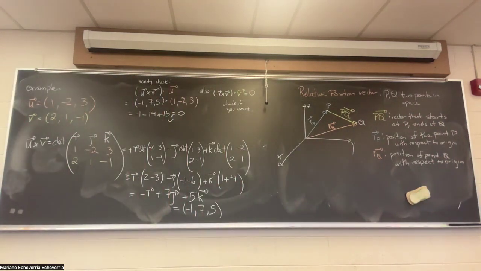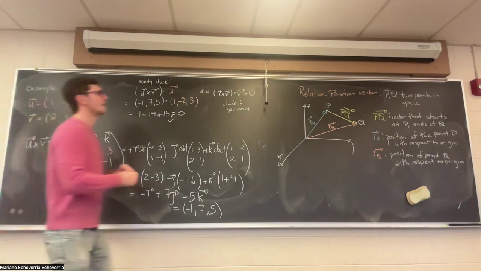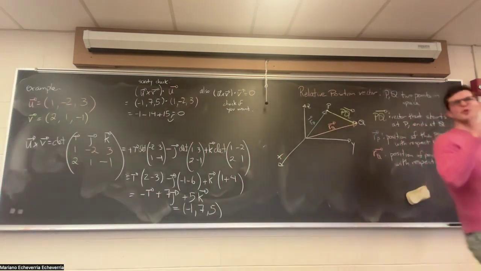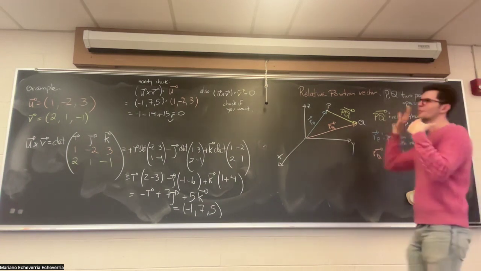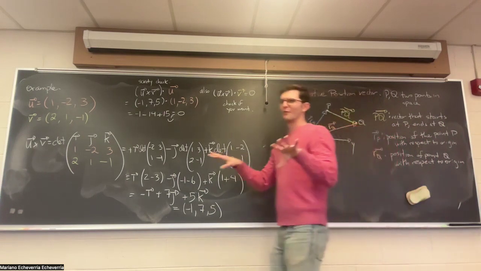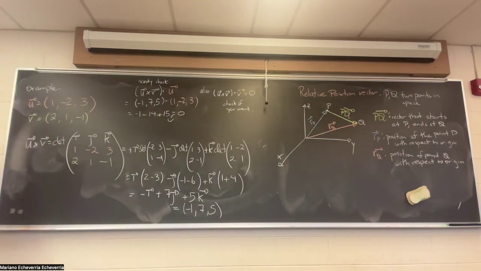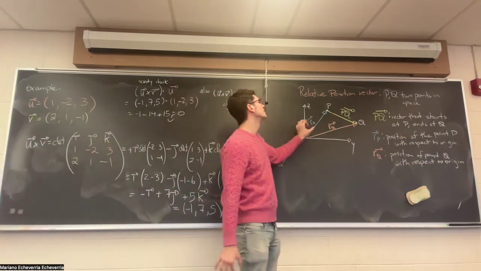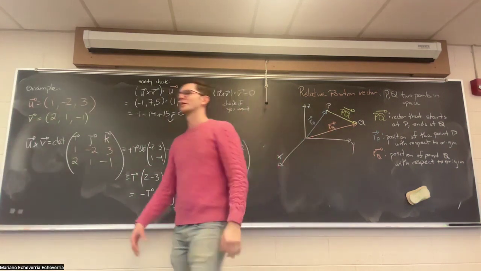Wait, in this case, you said that RP is just the vector form of P? Right, it's the vector form of P. I'm just trying to put a little more emphasis on the difference between the point and the vector. In practice it's indistinguishable because of what I have said before, but here it's better to make a small distinction so that the picture is a bit more clear.